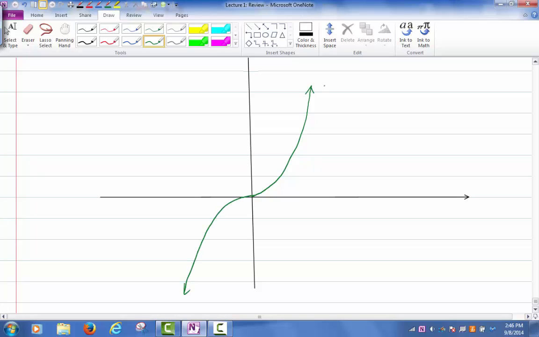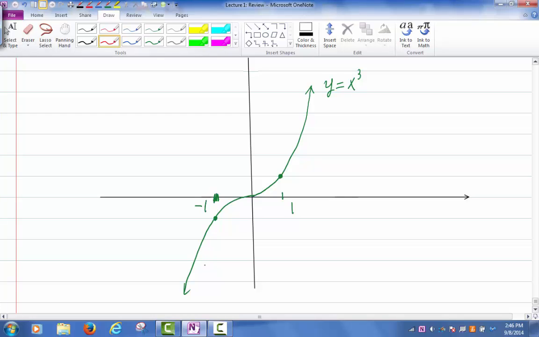Let's say the green one is the graph of x cubed, and let's say here is -1, and here, +1 right here. And what would be the graph of x to the 5, for example?